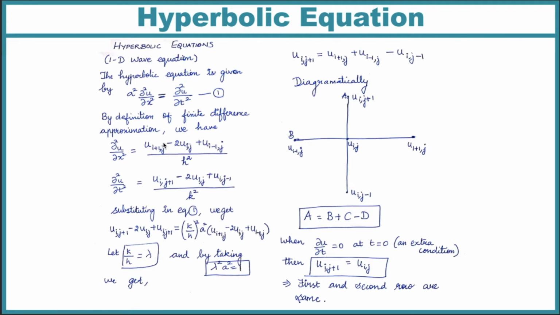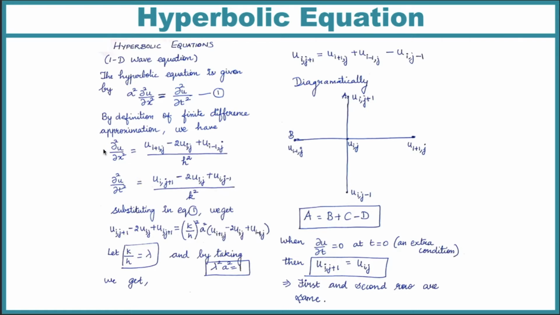By the definition of finite difference approximation, we have ∂²u/∂x² equal to u(i+1,j) minus 2u(i,j) plus u(i-1,j) divided by h², and ∂²u/∂t² equal to u(i,j+1) minus 2u(i,j) plus u(i,j-1) divided by k².